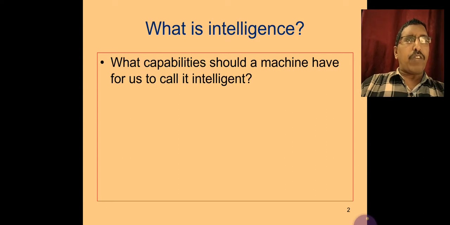But to give you a rough idea, we can define artificial intelligence for all practical purposes as the ability of a machine, say a computer, to mimic human behavior. If a machine can mimic human behavior, then it is said to be artificially intelligent.